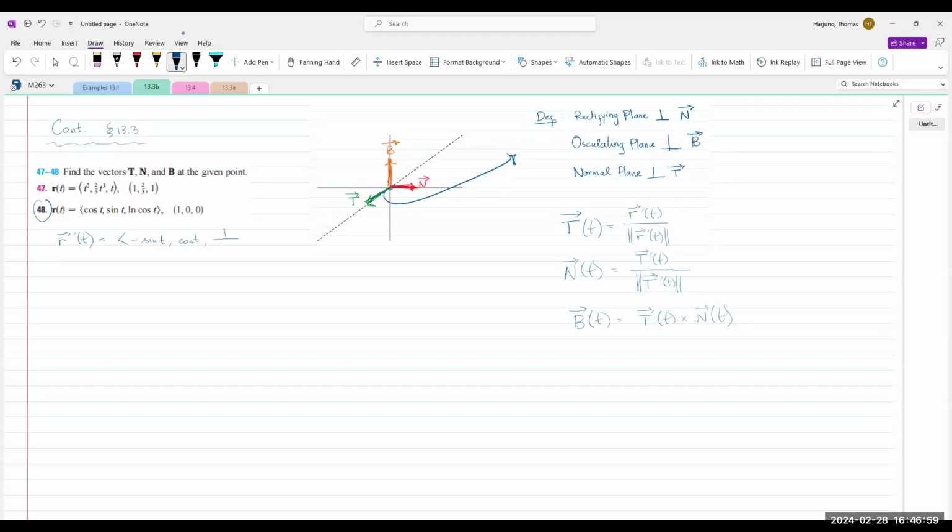That's 1 over cosine t times the derivative of cosine t, which is negative sine t. So this will be negative tangent t. What is the t to get that (1, 0, 0) though? I backtrack a little bit.